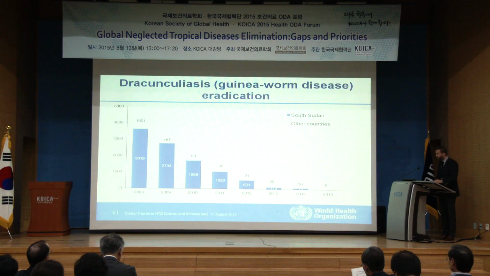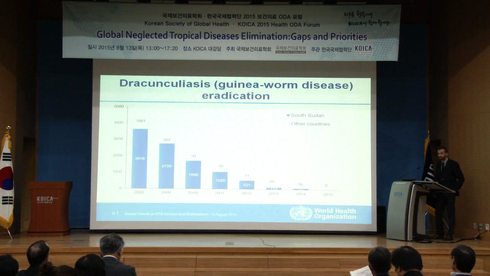I think the slope of this graph really serves as a reminder of how much can be done with relatively simple interventions in a relatively short period of time, as long as there's adequate financial and political commitment.